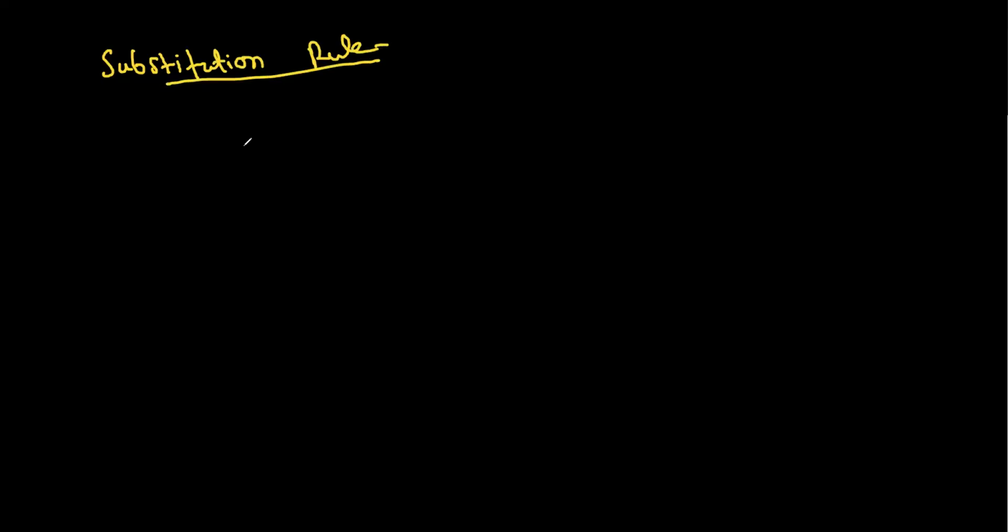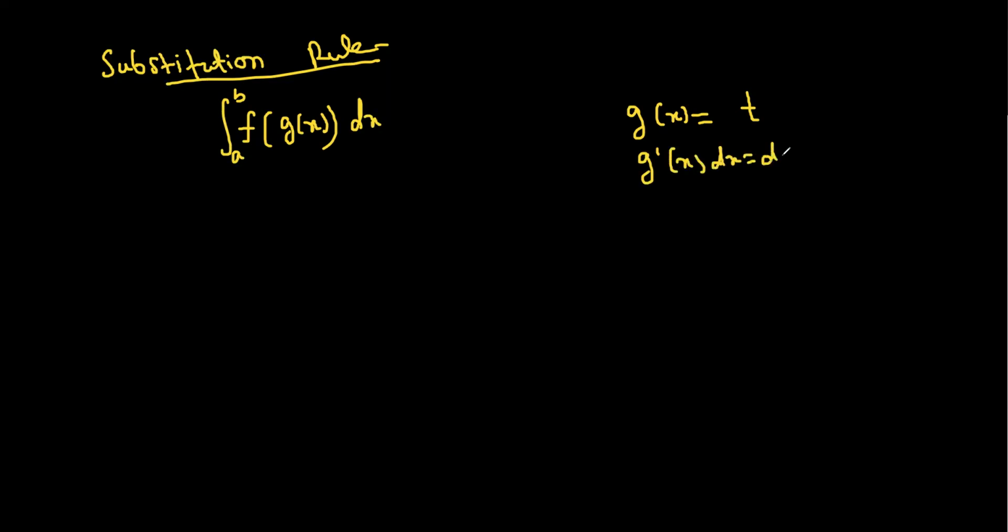Whenever a function is in this form, always consider g(x) as one new function, t. So g dash x dx will be dt.